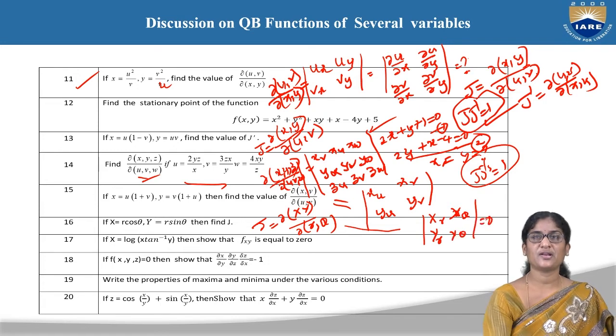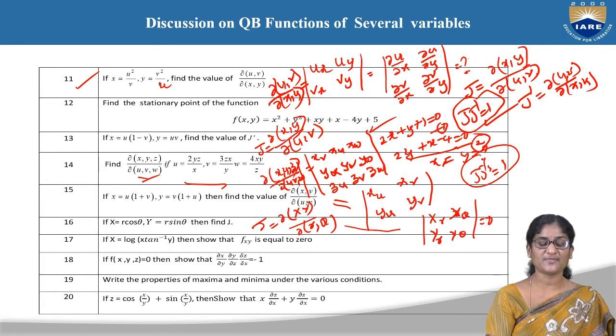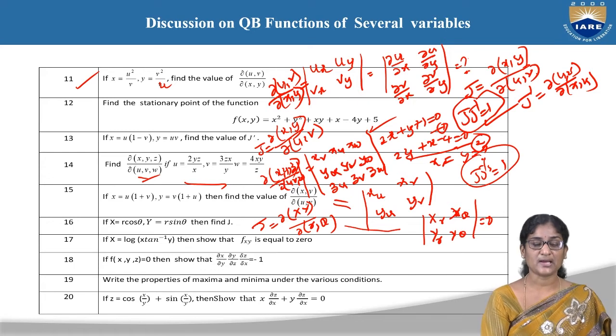So again we need to find out the first order partial derivatives of x with respect to r and theta. So xr is nothing but cos theta, and x theta is nothing but minus r sin theta. Similarly, yr is nothing but sin theta and y theta is nothing but r cos theta.